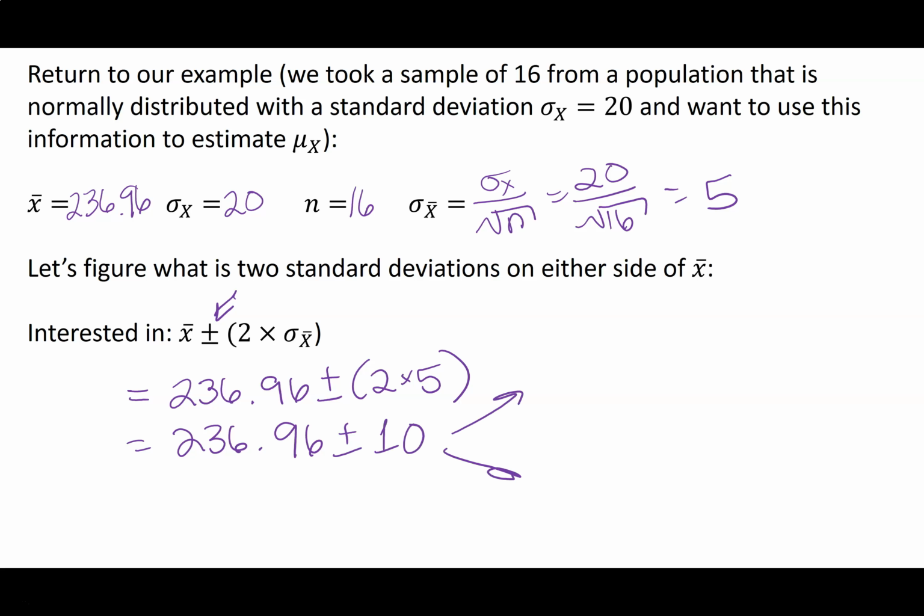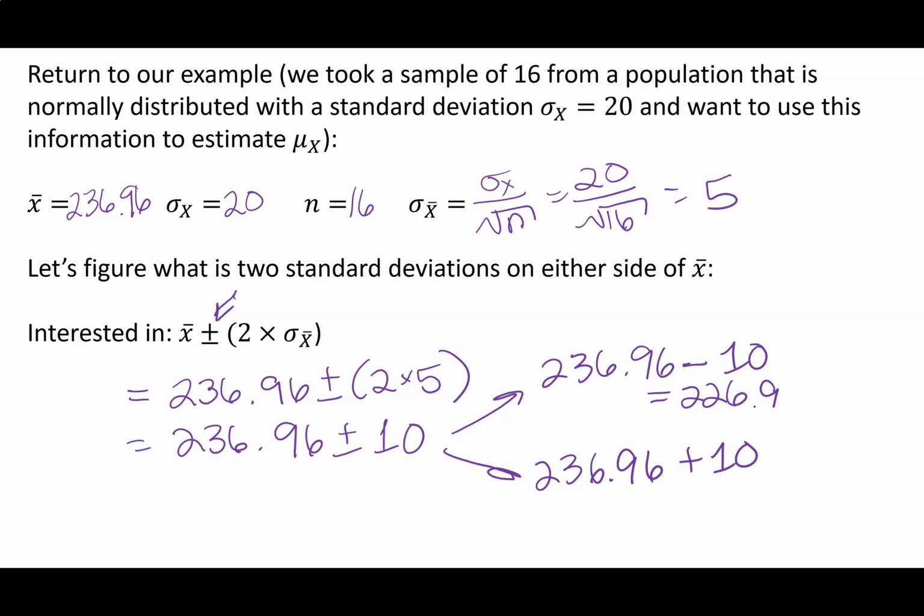That means you have to break it up: 236.96 minus 10, and 236.96 plus 10. So I'll get 226.96, and then 246.96.